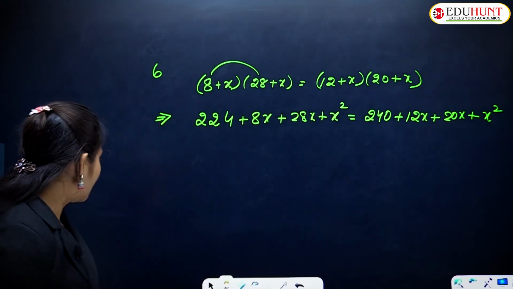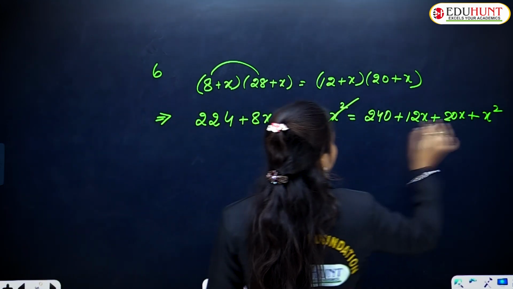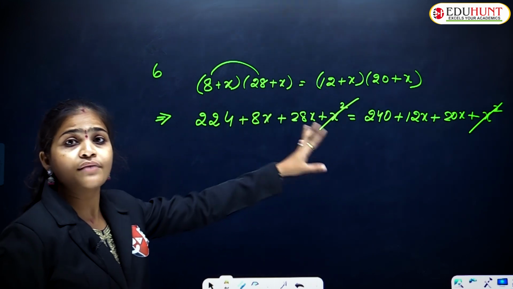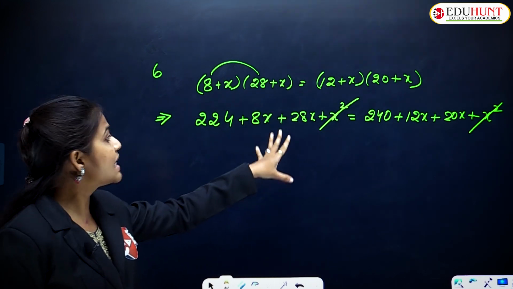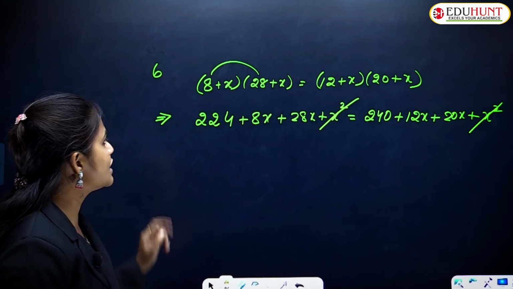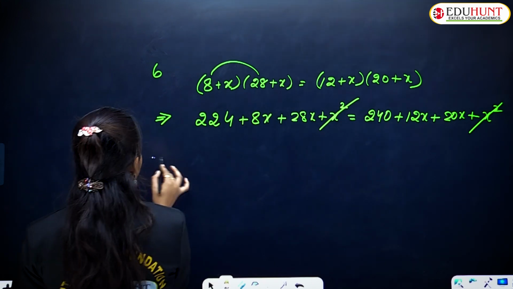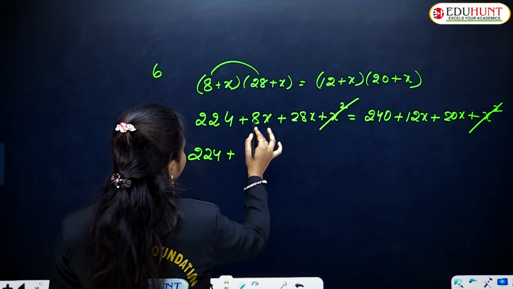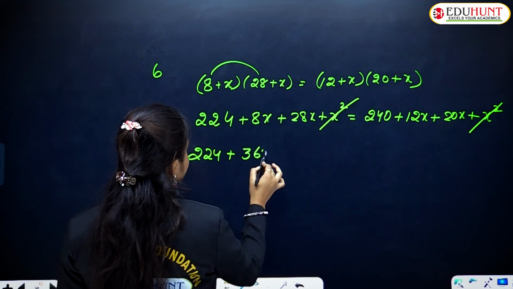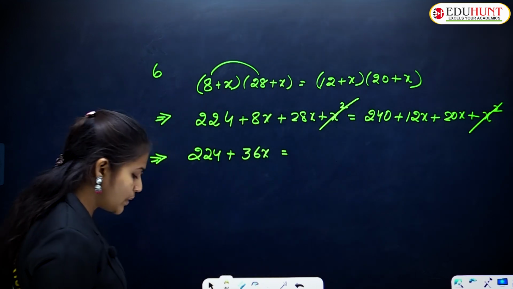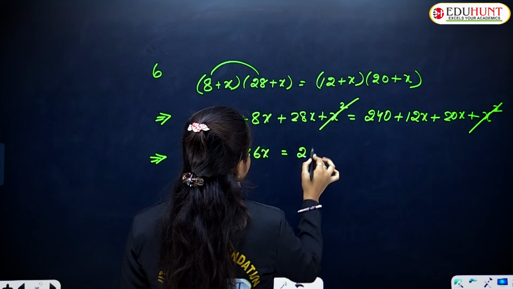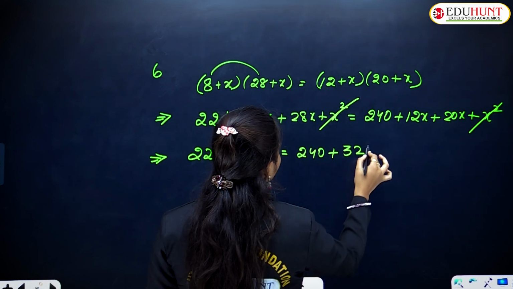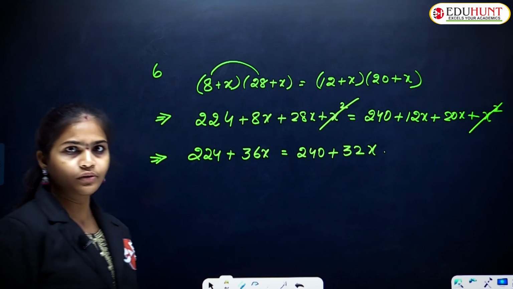Clear? Now in simplification, x square and x square get cancelled. Why? Because both sides have x square with the same positive sign. Next, 224 plus 28x plus 8x is 36x, which equals 240 plus 12x plus 20x, which is 32x.